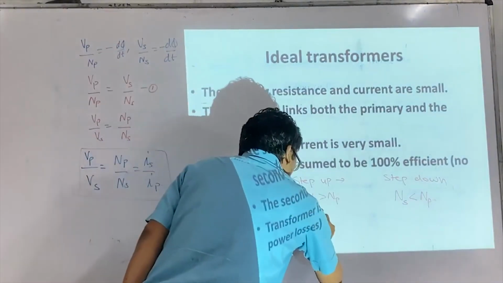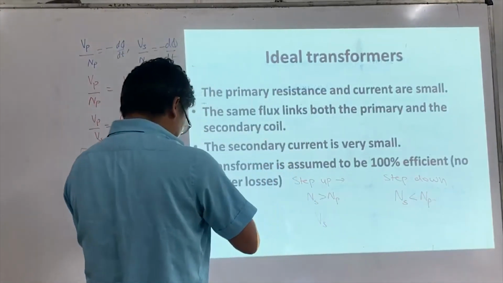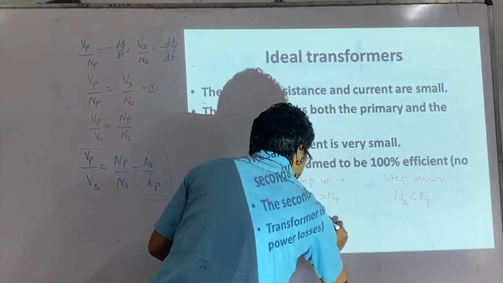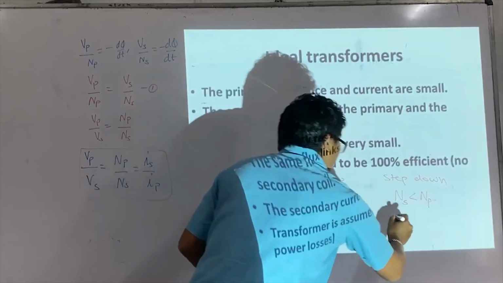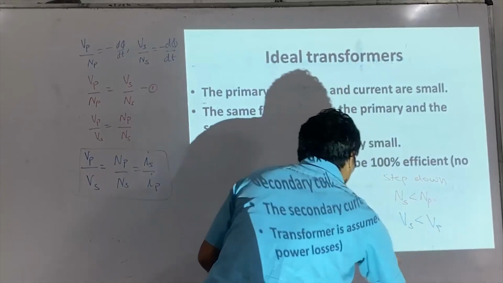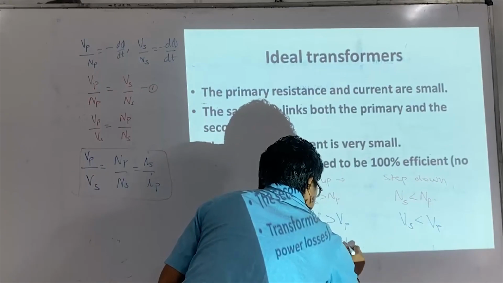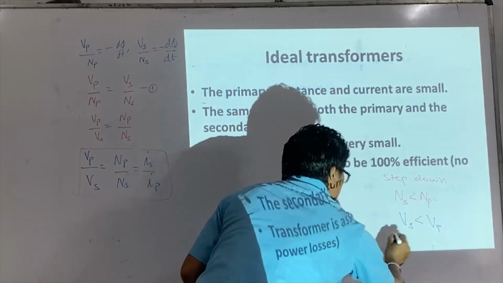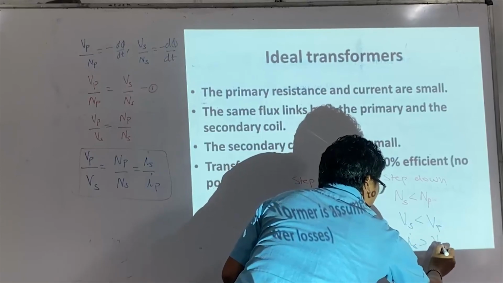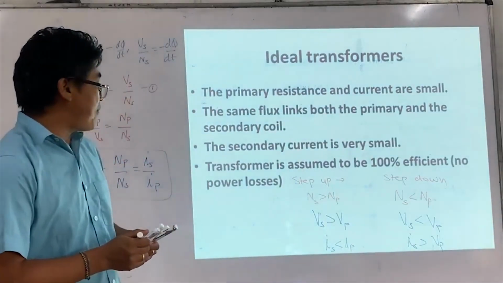Voltage is going to be more in the secondary for step up and less for step down, and the current is going to be less for step up and more for step down. This is what we have in case of step up and step down.